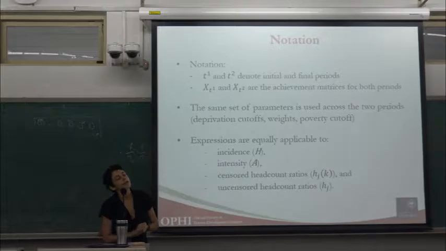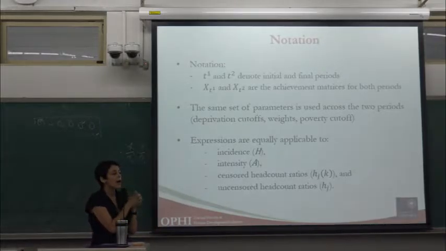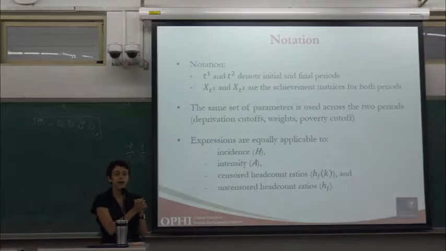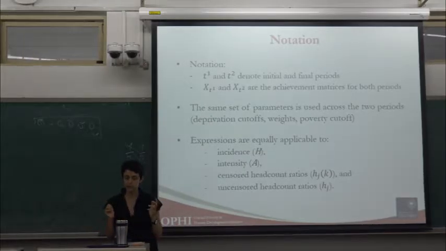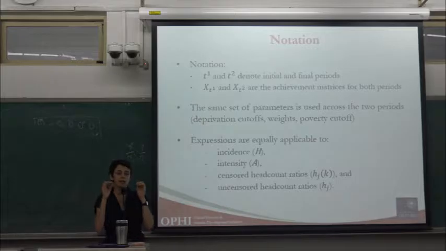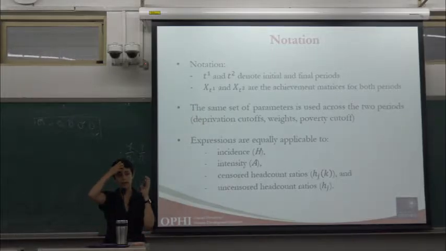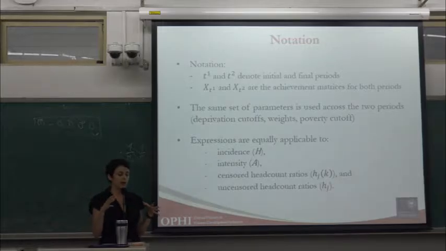First, actually there is a little thing before going into notation. The global MPI is published every year; every time we get a new data set, we build the best possible MPI with the information that we have.